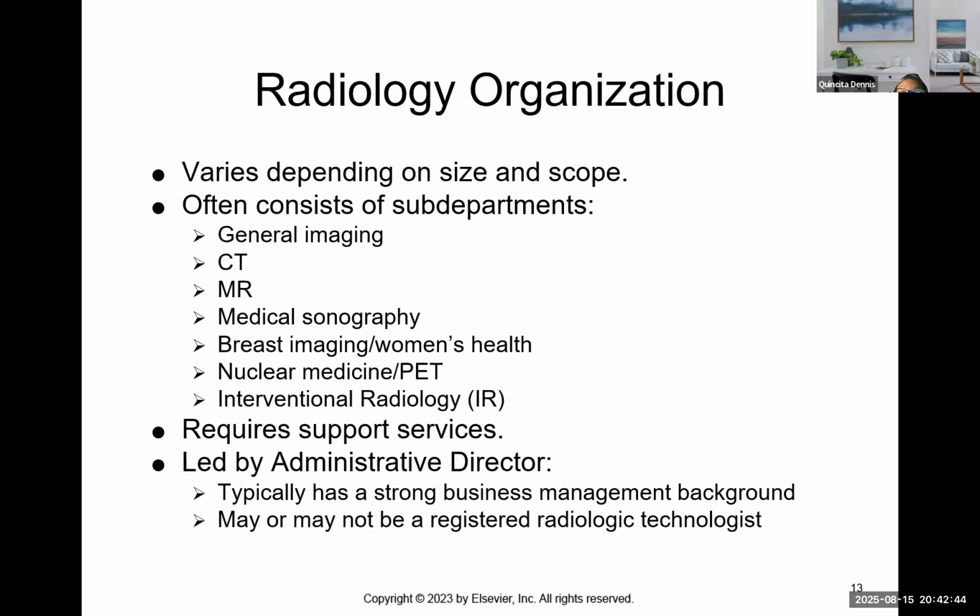It says women's health, but men also can get mammograms if there's a concern, and they would go to mammography as well. Then we have nuke med and PET. Again, not all hospitals are going to have that. You might have bone density or bone densitometry, and then of course, interventional services.